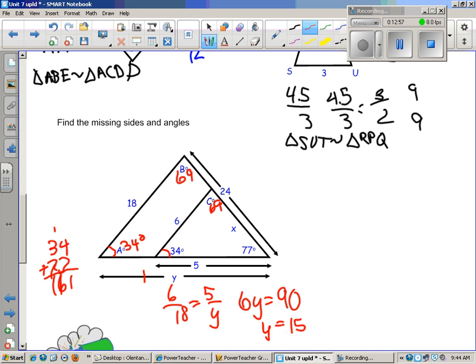So I know y is 15. And now, how do I find x? Anybody? Ahmed, how would I find x? This side. X.